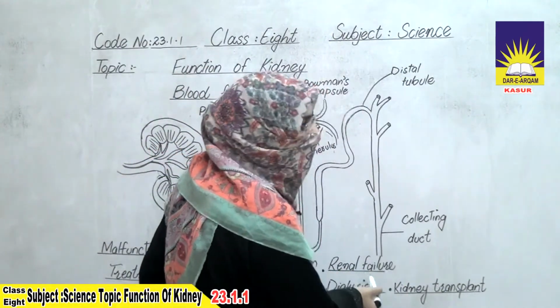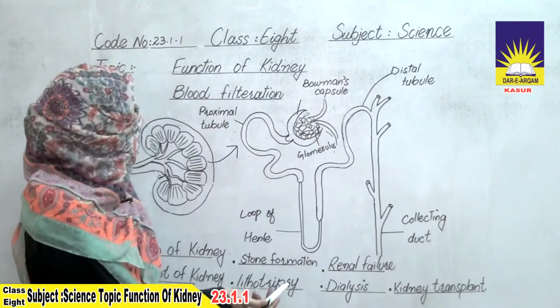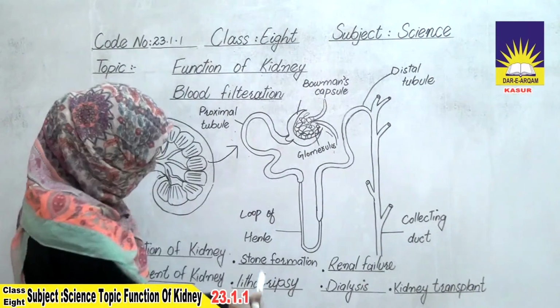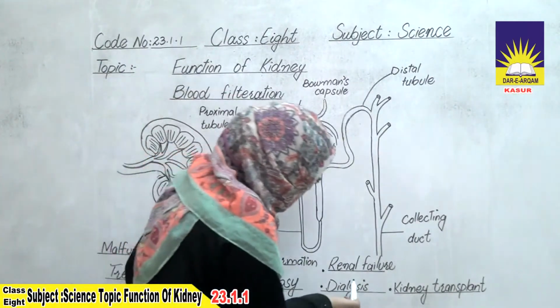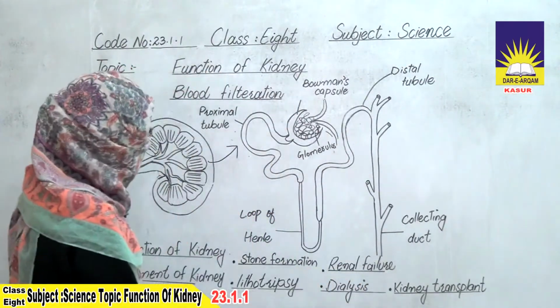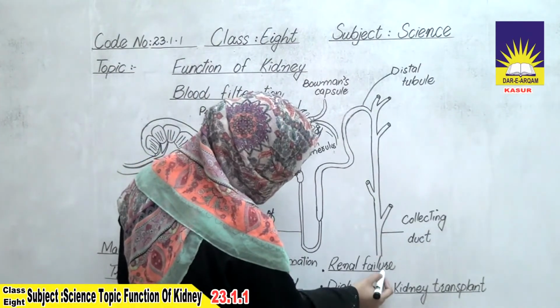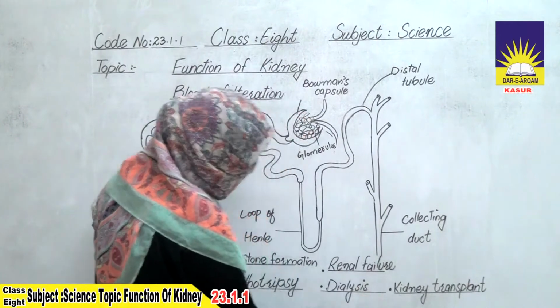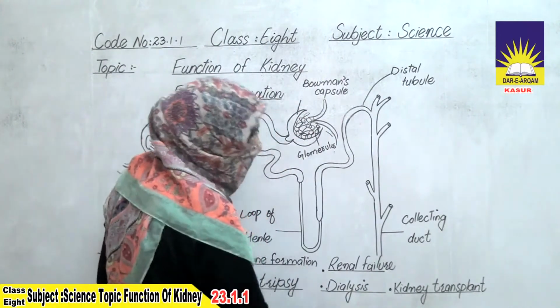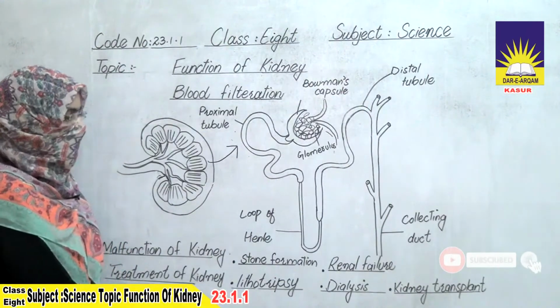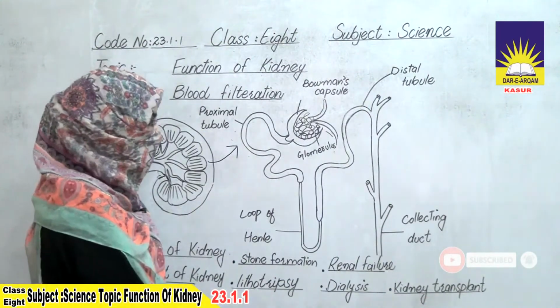In renal failure, our kidney cannot filter the blood, which is the main function of kidney. Dialysis is the process in which renal failure is treated. Dialysis is the artificial process in which blood is filtered.